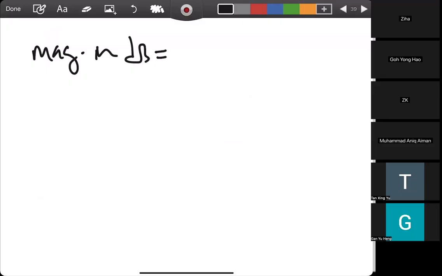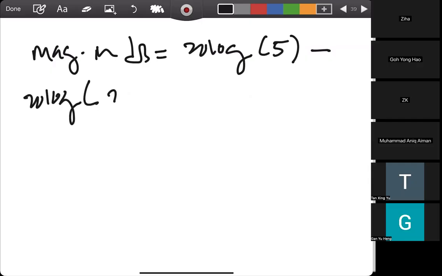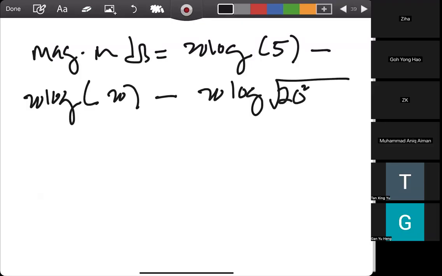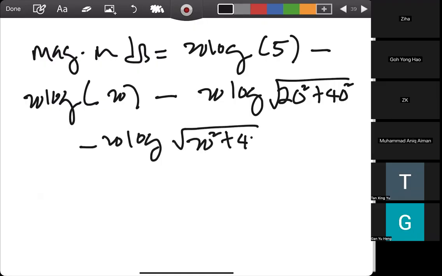Then for the magnitude in decibel: 20 log 5 minus 20 log the square root of 20 square plus 40 square, minus 20 log the square root of 20 square plus 40 square.